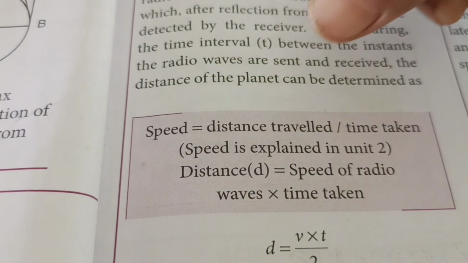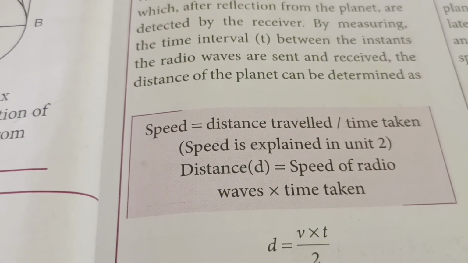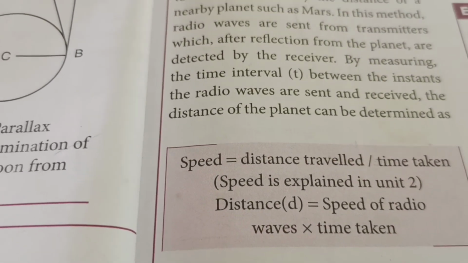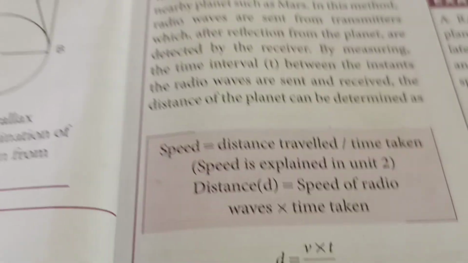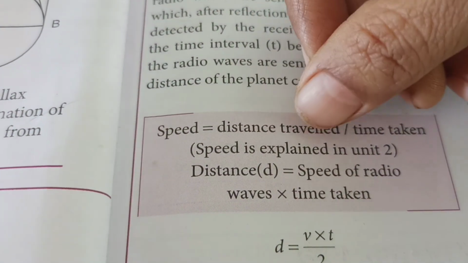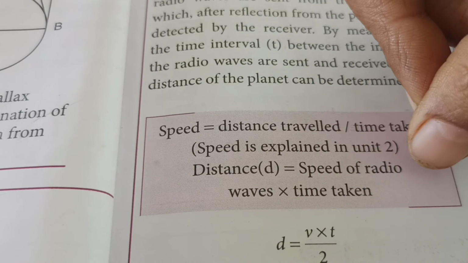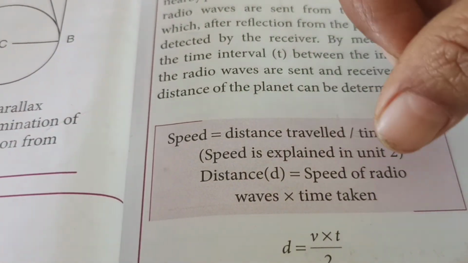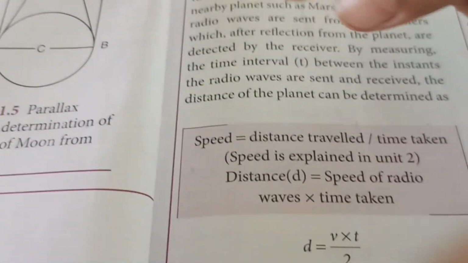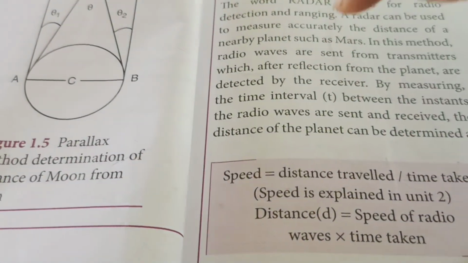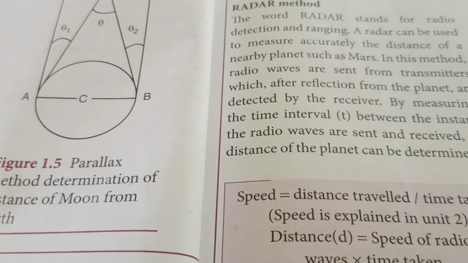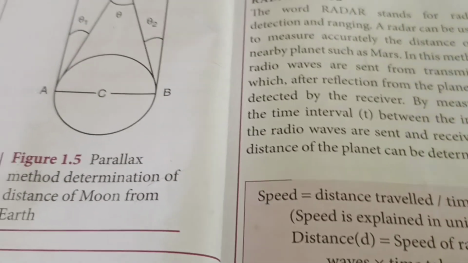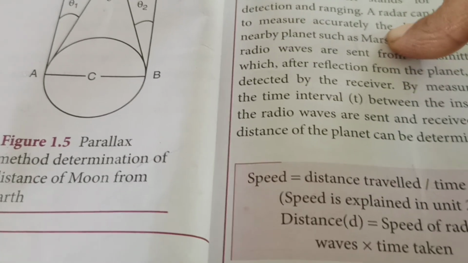You already know in lower classes, speed is equal to distance by time. So the distance equals speed into time. So, distance d is equal to speed of radio waves into time taken. The time taken is for the waves to be sent to the planet and get back to the receiver.